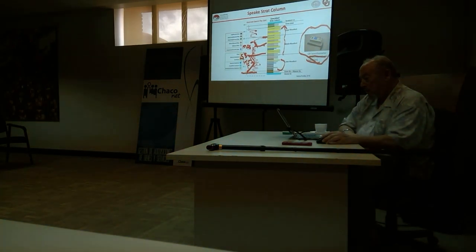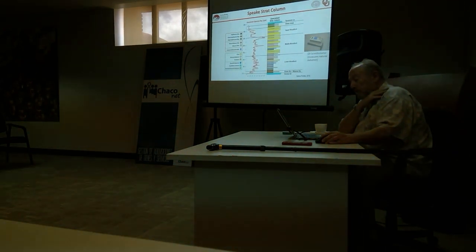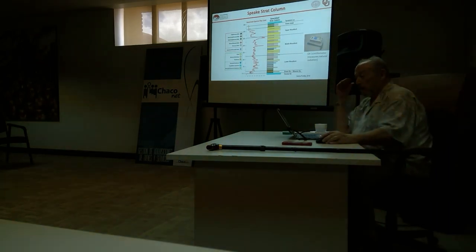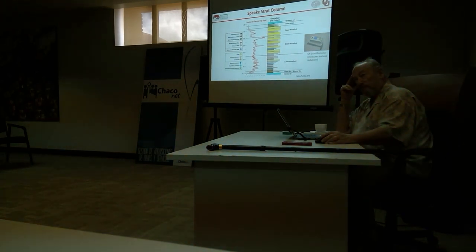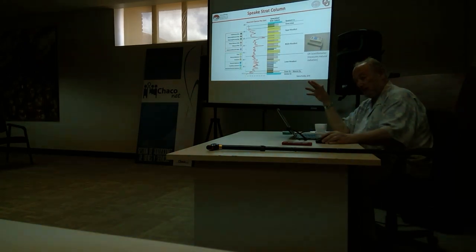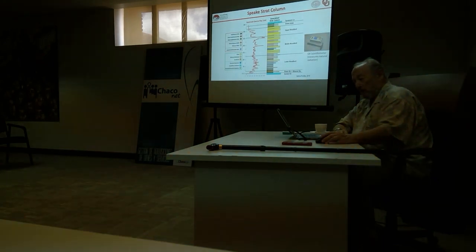So, without all the colors now, we've got a fining upward trend, transgressive, and then it reverses itself, regressive or progradational. That turnaround point is our maximum flooding surface in our condensed section. So that's going to be a potential area for good hydrocarbon accumulation.